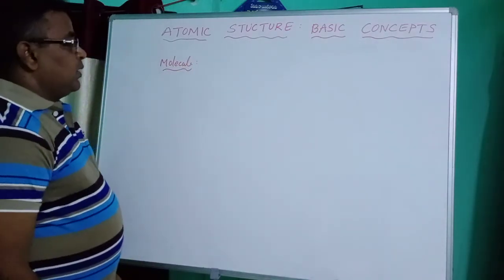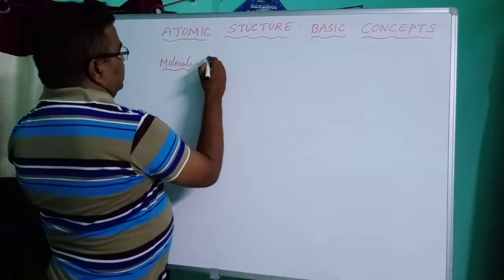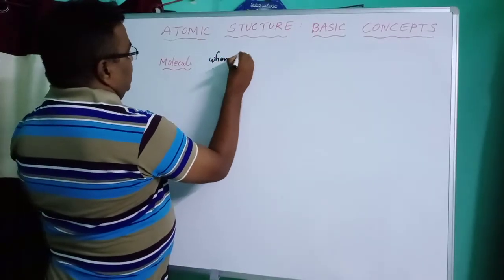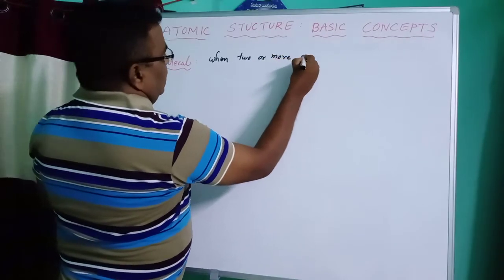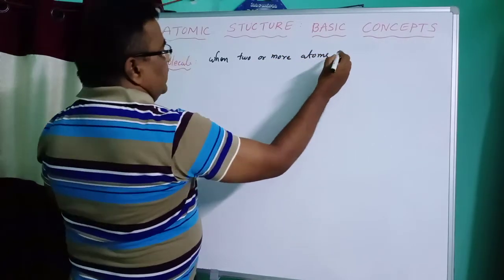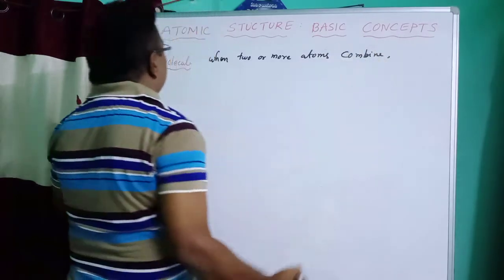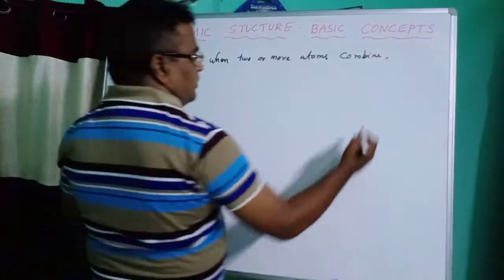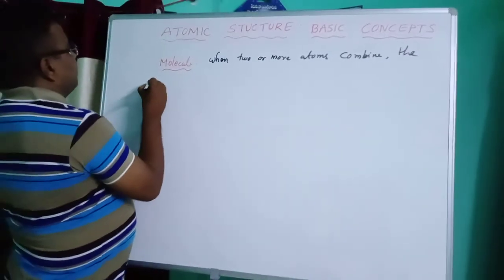So what is a molecule? When two or more atoms combine, the product is known as a molecule.